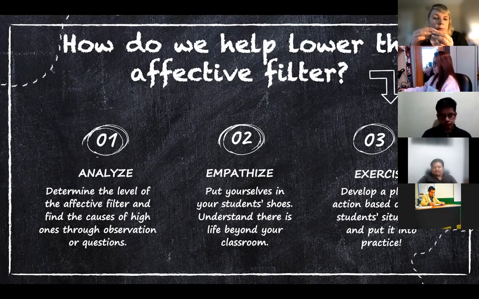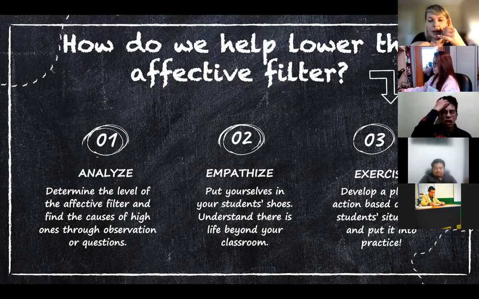So how do we keep the affective filter low? What do we do? How do we help in this process, right? I propose three, this is just my original idea. I propose 3 steps: analyze, empathize, exercise.